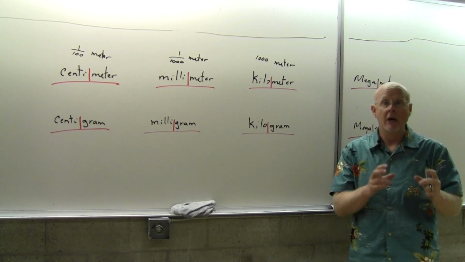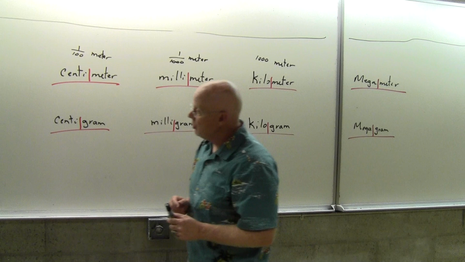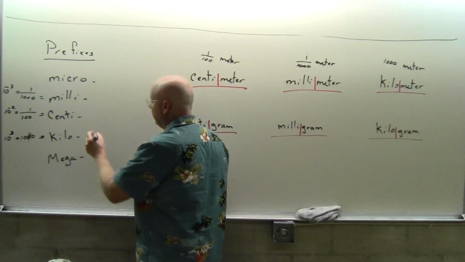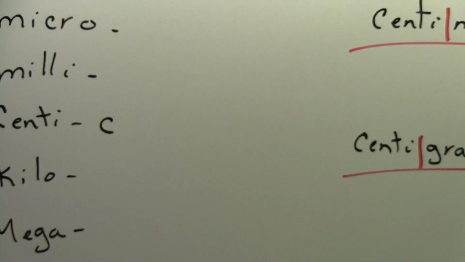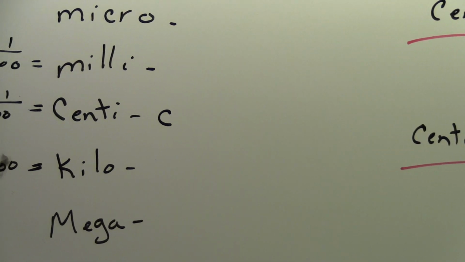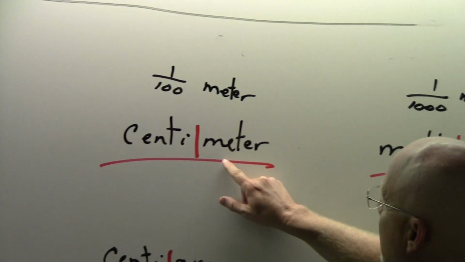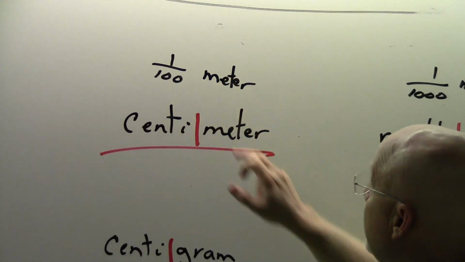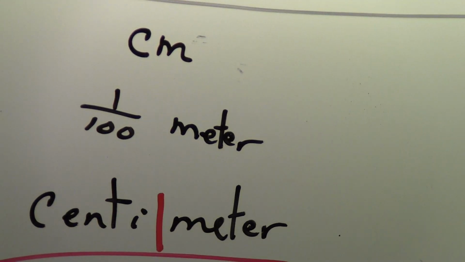In fact, I'll even go one more step here, because there's usually a symbol given for centa. It's the symbol C. So instead of writing it in its full form as centimeter, or even writing it as 100th of a meter, we could write it as cm.